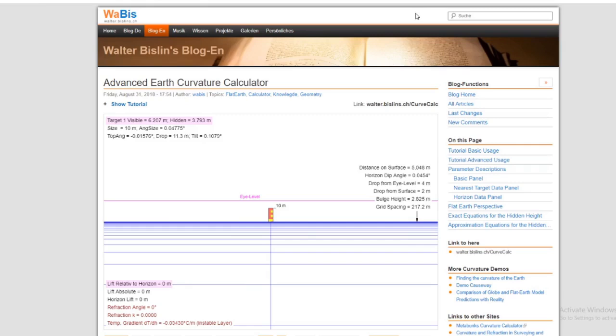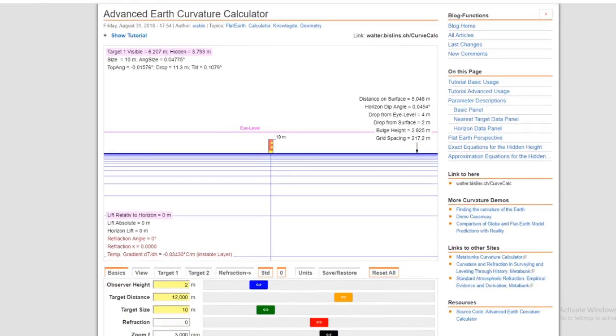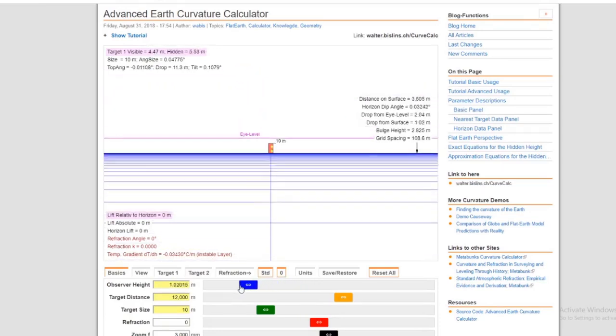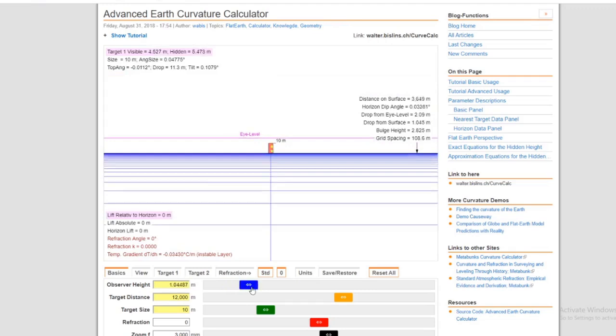Because what we are given here is this subjective idea of eye level. And we can see how this is supposed to work by raising and lowering this eye level in an objective fashion.